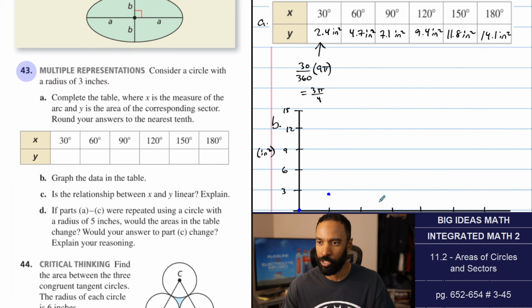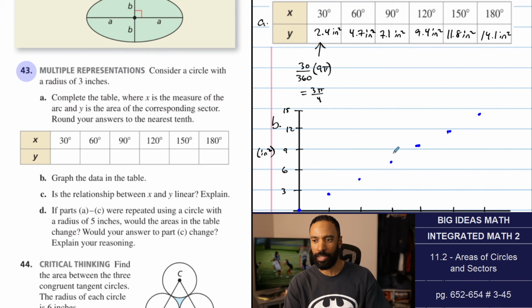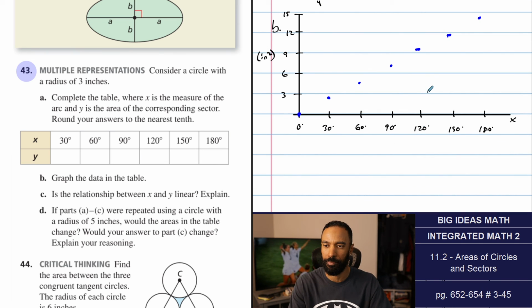But this should be linear, whatever I do. 4.7, kind of like there. 7.1, 9.4, above 9 there. 11.8, it's really close to 12. I don't know if this is quite equal spacing. And then 14.1. So that should be a linear relationship. I did the best I could. It's not really to scale, but there you go.